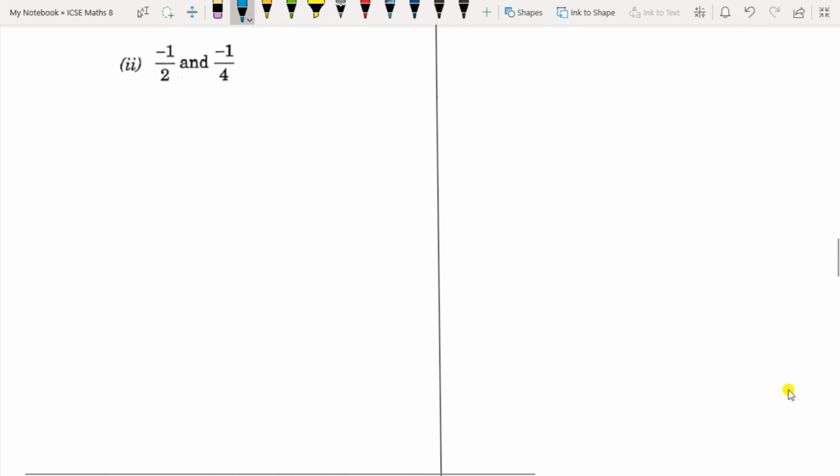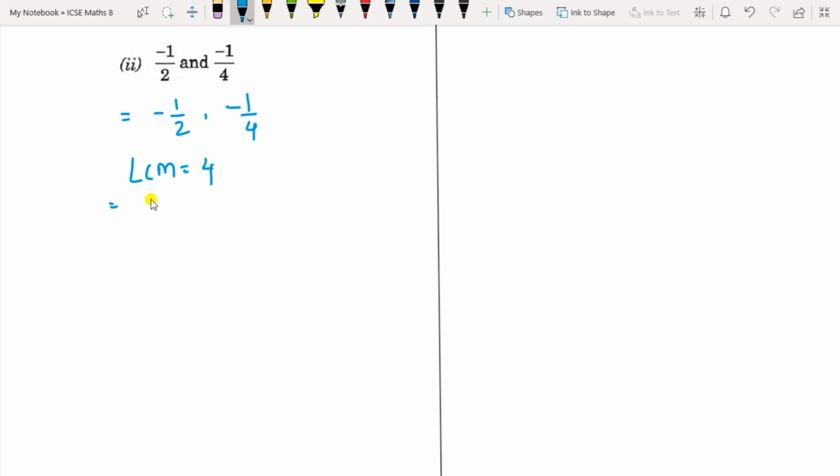Then the next one is minus 1 by 2 and minus 1 by 4. So let us start. Minus 1 by 2 and minus 1 by 4. The LCM of 2 and 4 is 4. Now convert each term with the LCM.